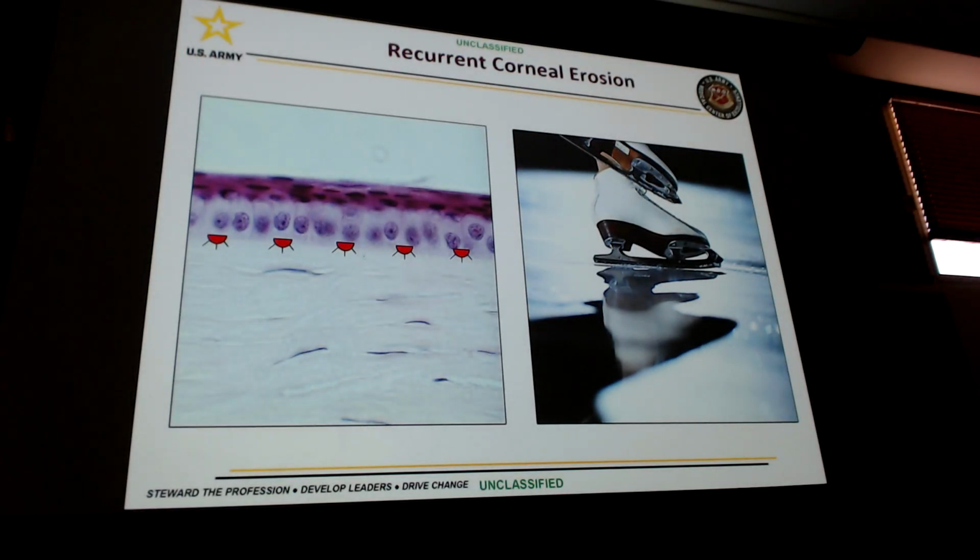This next slide I did not create. It's supposed to be depicting what are called hemidesmosomes, and these are found in that second layer of the cornea, Bowman's membrane. Okay, don't write any of this stuff down. But what these molecules do is adhere the epithelium to the stroma and Bowman's membrane.